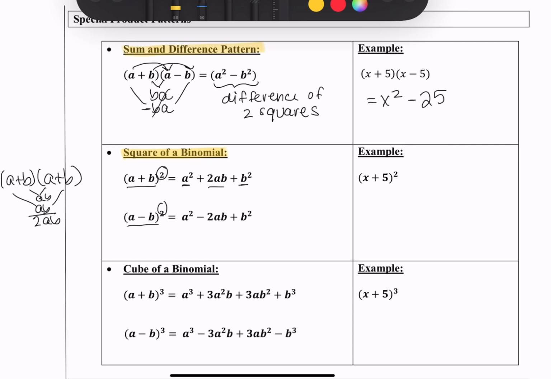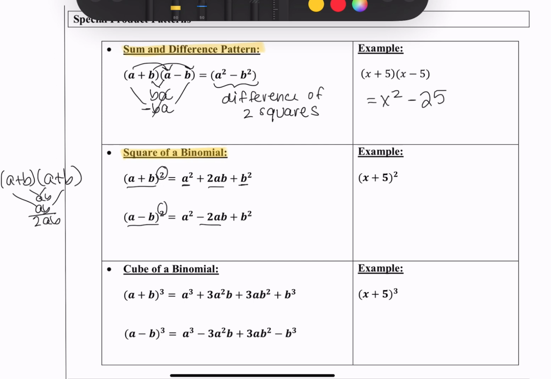And the only difference between these two is that the second one is a subtraction. So you have a minus b, which is just going to change the signs of those middle terms. Since everything else is just being squared, first term squared, last term squared, those just stay positive. Middle term, inners and outers will be negative, and now you get a negative middle term.